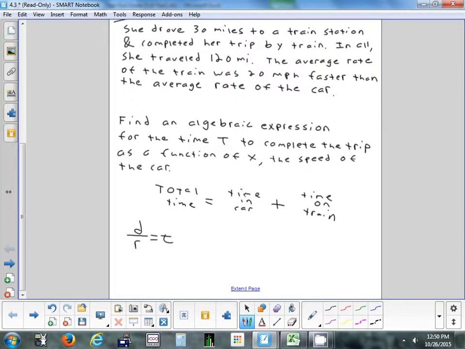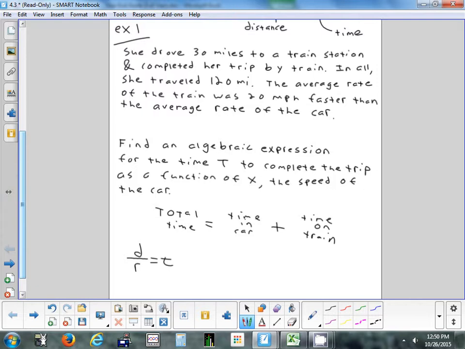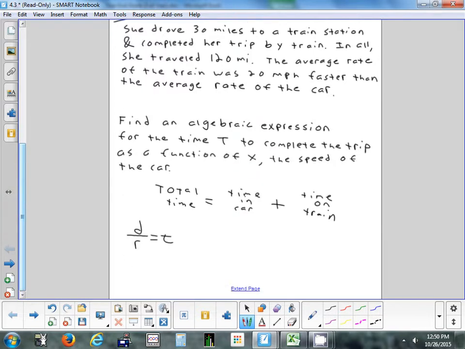Distance. How much distance did she travel in the car? 30 miles. And now, what does it say to use for her speed in the car? It doesn't give us a number, but it does tell us what letter to use.